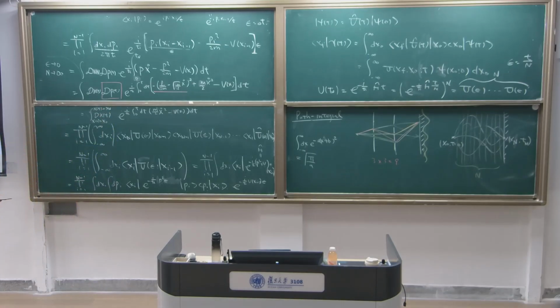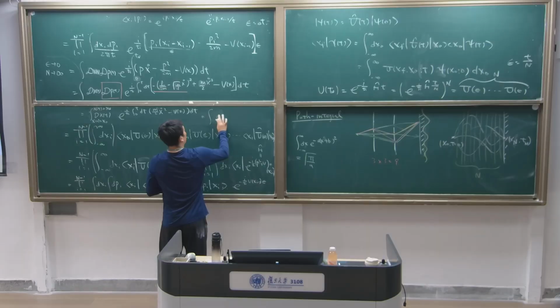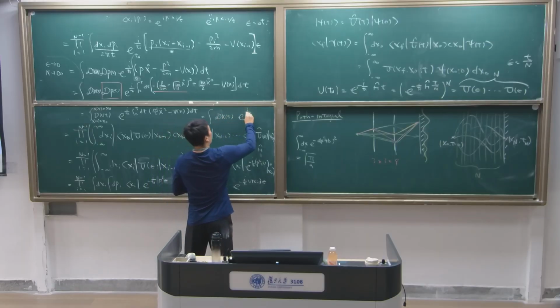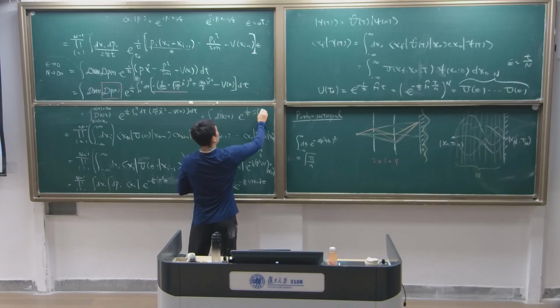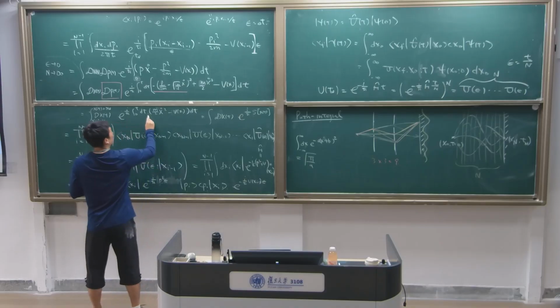So that's the original. And this can be understood as the integral of d of x(t) e to the i over h bar S of x(t). But it's just the Lagrangian. So this part is just the Lagrangian.